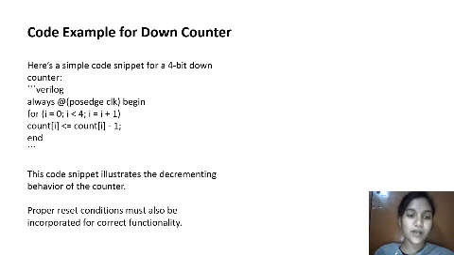In the up counter, we use count of i plus 1. Here we use count of i minus 1. If the condition is false, the loop will exit. This code snippet illustrates the decrementing behavior of the counter. Proper reset conditions must also be incorporated for correct functionality.